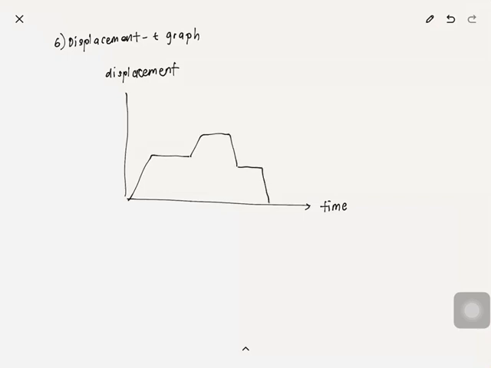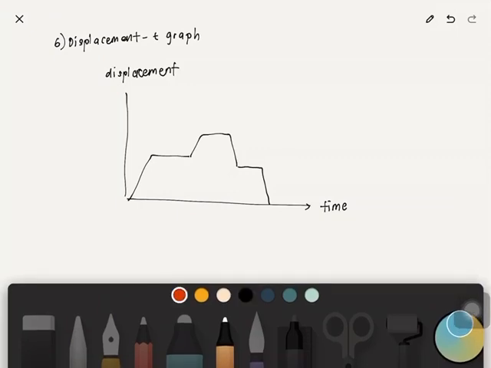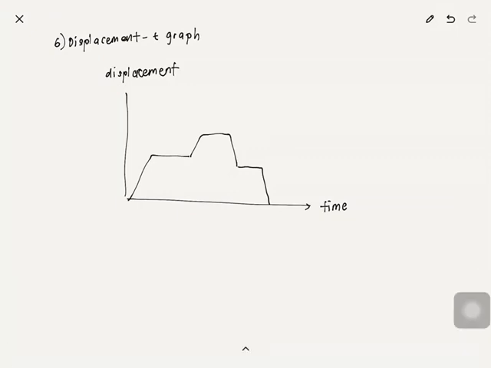And let's say your graph looks something like this. So you have to know what all these paths in your graph actually mean. And you should also know how to calculate velocity from this graph. So what you must remember is that the gradient of the displacement time graph represents velocity.